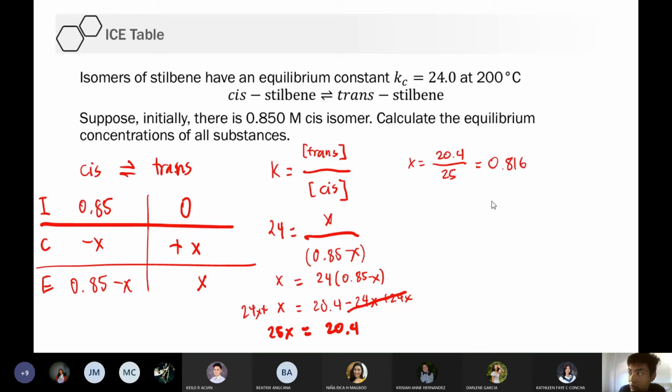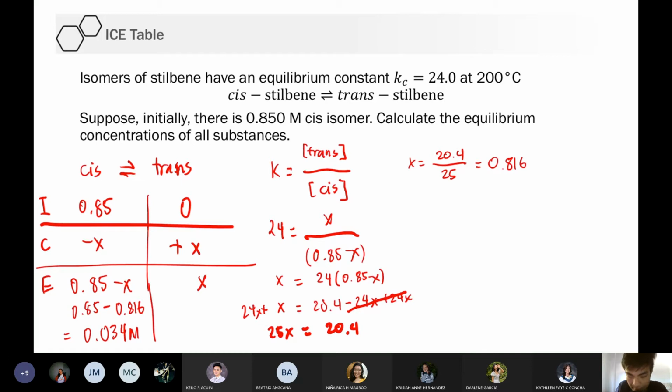Once you were able to solve for the value of x, you are going to plug it into your ice table. So the equilibrium concentration of cis will be 0.85 minus 0.816, and that will be equal to 0.034 molar.